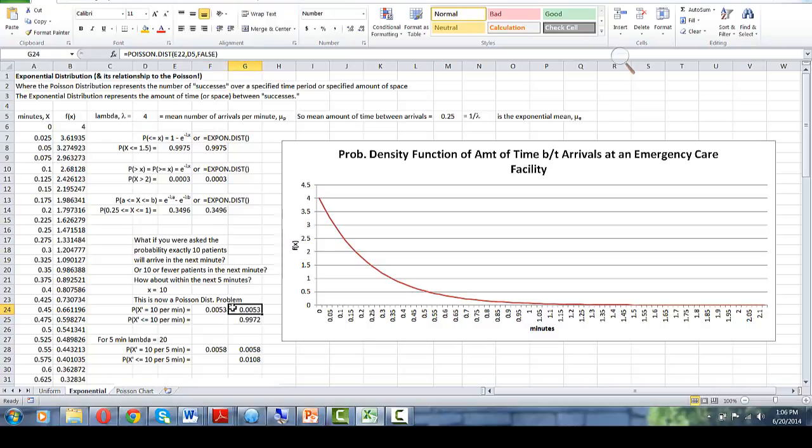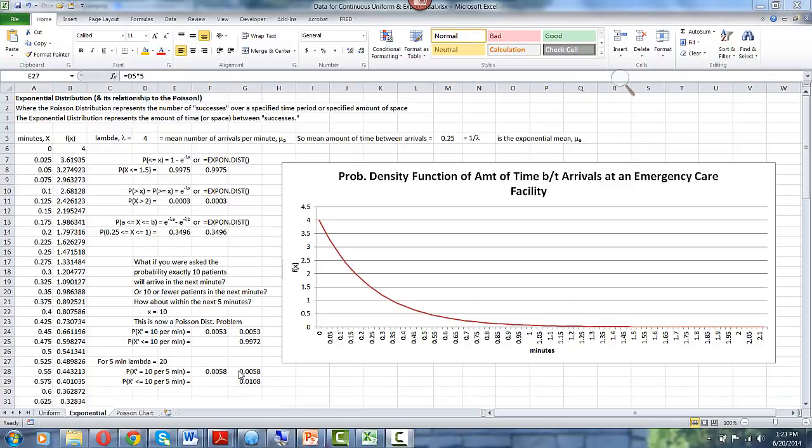Okay, so I know it's a little confusing. This is why it's good to see the difference between exponential and Poisson, see the relationship as well as the difference, because one's continuous time, space, things like that, and one is a discrete number of arrivals.